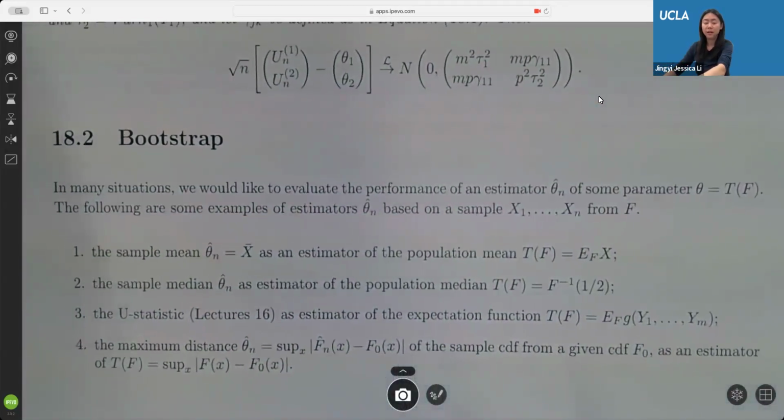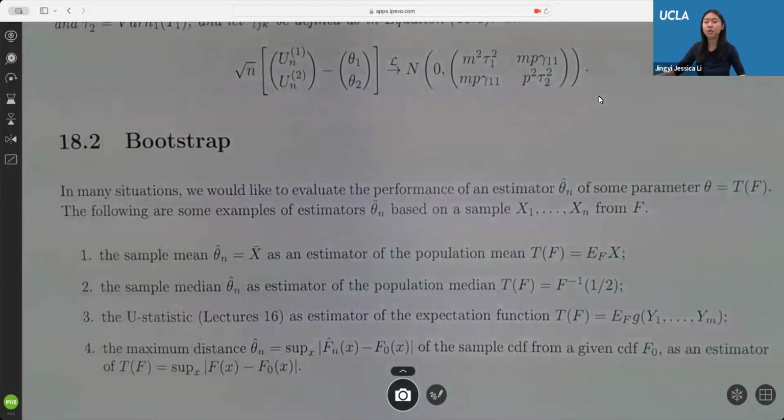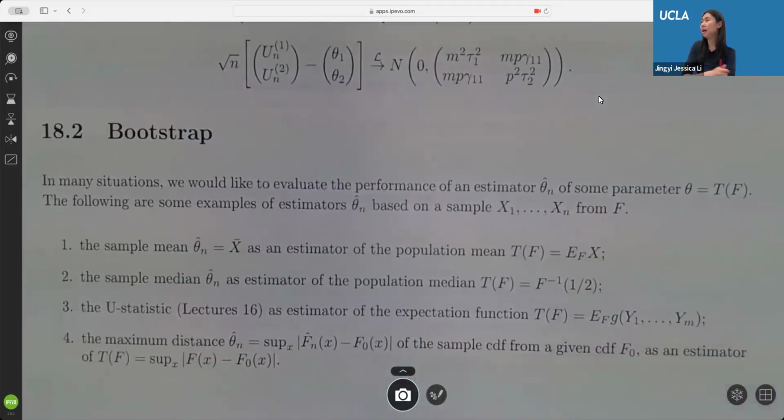Bootstrap as a procedure is very straightforward. And for this class, we hope to provide more understanding of why it works. Essentially, the foundation of bootstrap is what we said already about the plug-in estimation for statistical functionals.